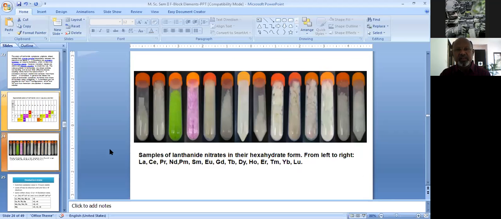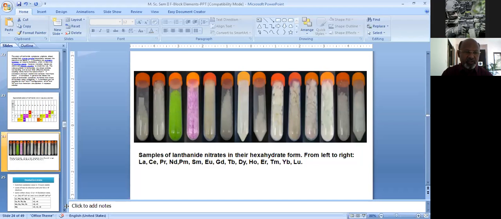Here, this is the next slide, where all the elements shown are the lanthanide nitrates with 6 water molecules, from left to right. These have some faint colors. So nitrates of lanthanides containing 6 water molecules also have different colors, amongst which praseodymium and neodymium are the elements having somewhat dark color.